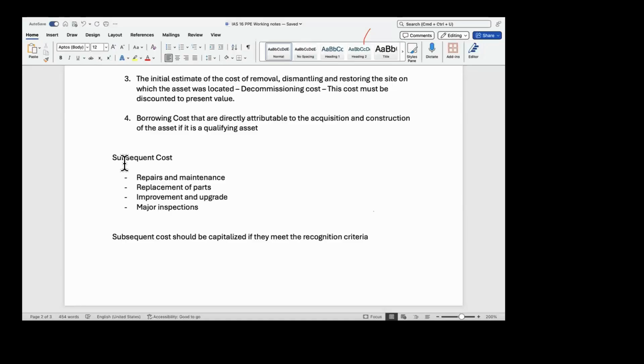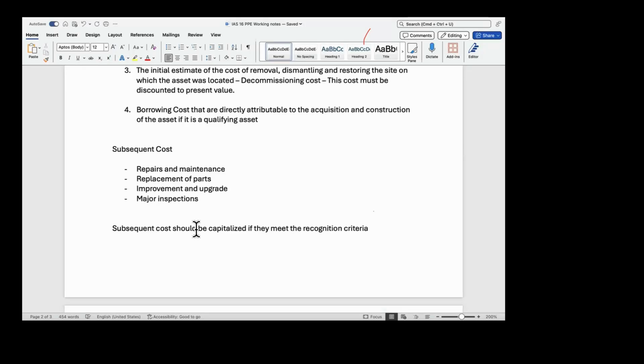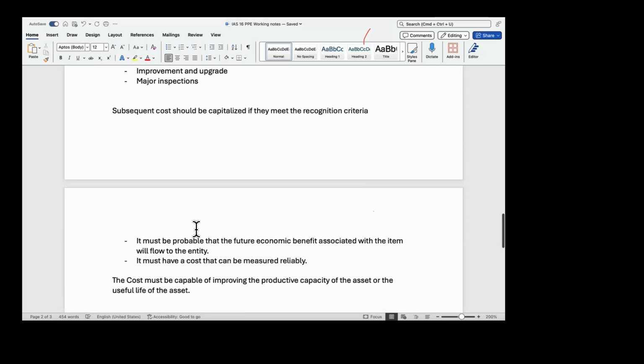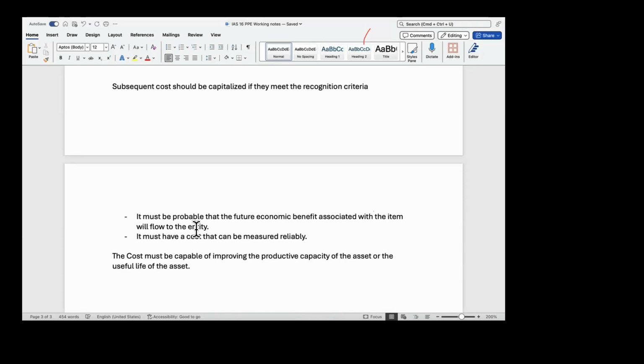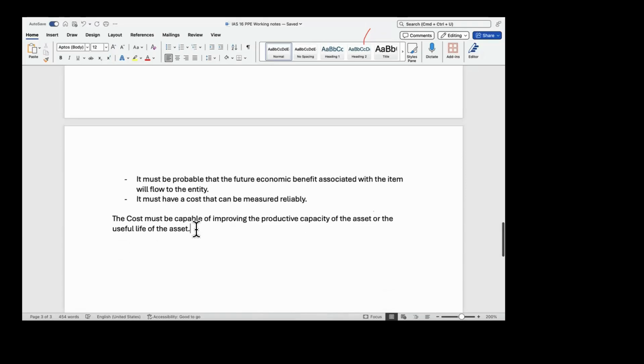Should you capitalize it or should you expense it? If you remember this principle, that means it should be capitalized because it has increased the useful life of the asset. I want to believe that is very clear.